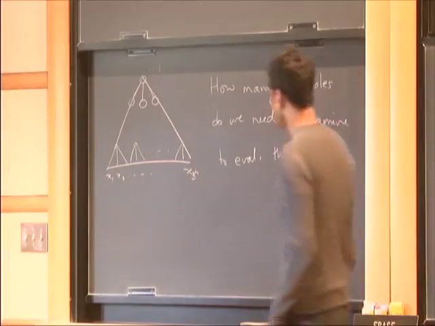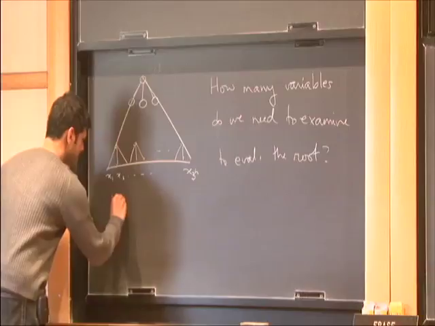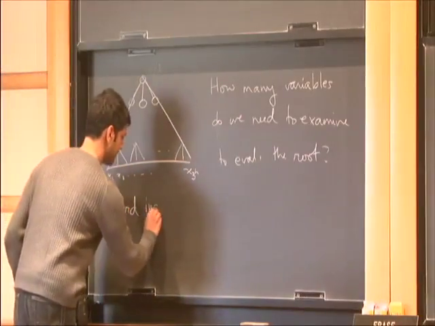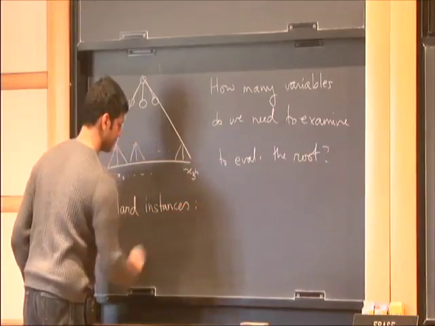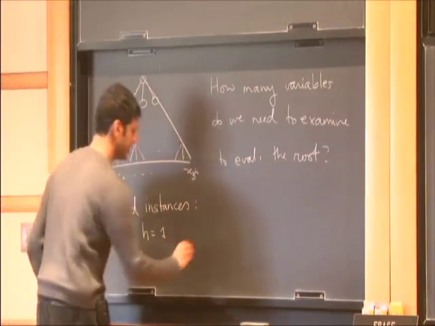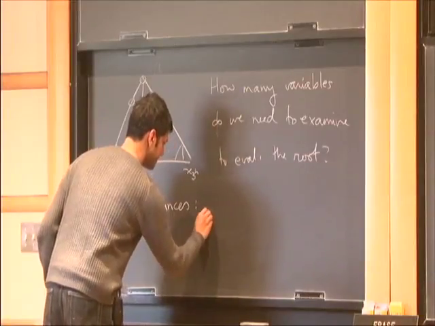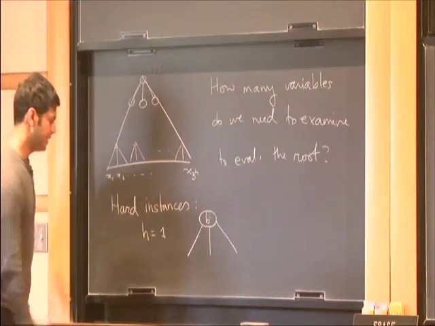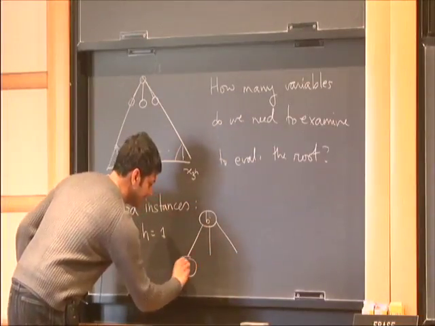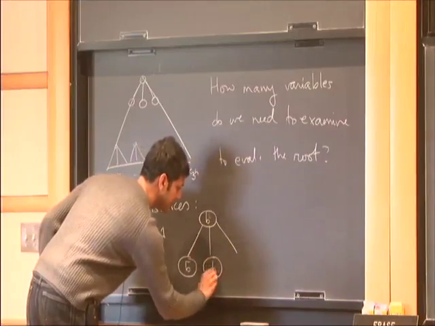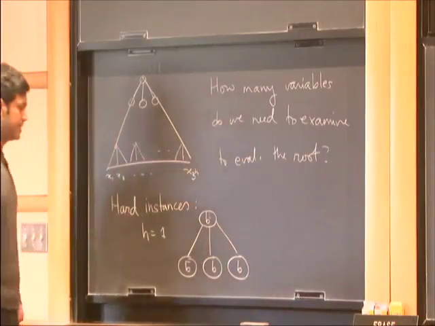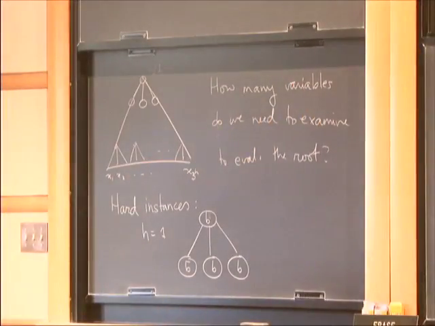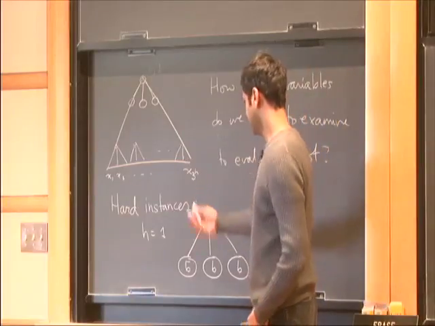So these instances I'll label as hard instances. So as I said, for h equals 1, it basically looks like a value b, and then one of its children gets value b bar, and the other 2 get value b. Right? And there are 3 such settings of these 3 subformulae. And you recurse this construction for general h.